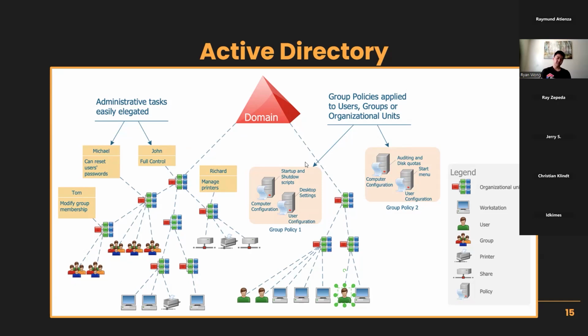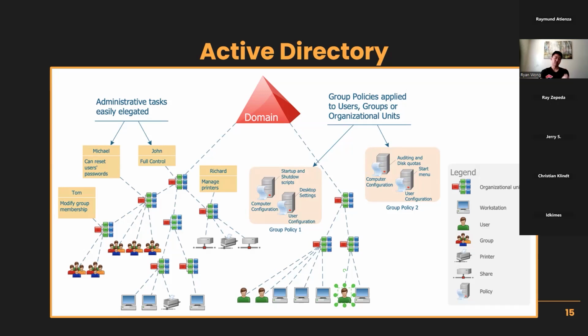The biggest idea about Active Directory is that it is a way to centrally manage all your assets, right? It's not feasible to have one or a small group of administrators manage all of these assets.